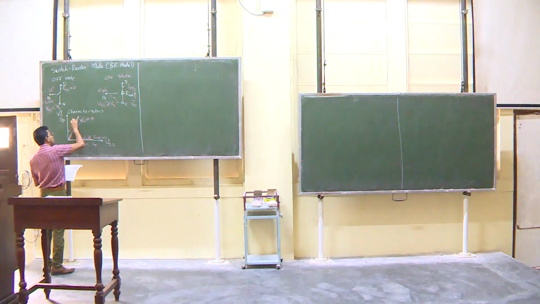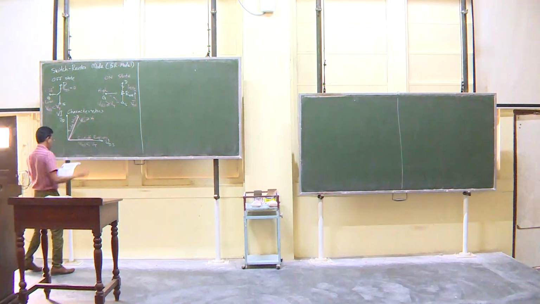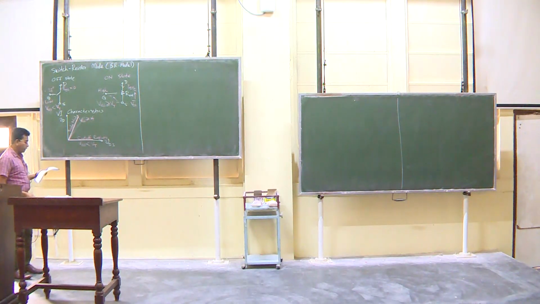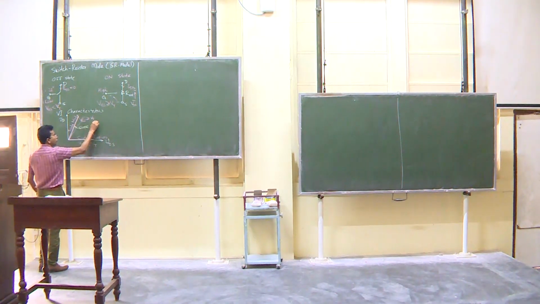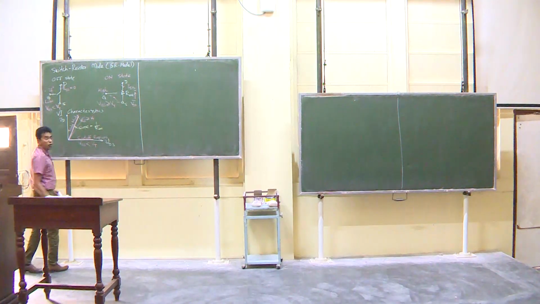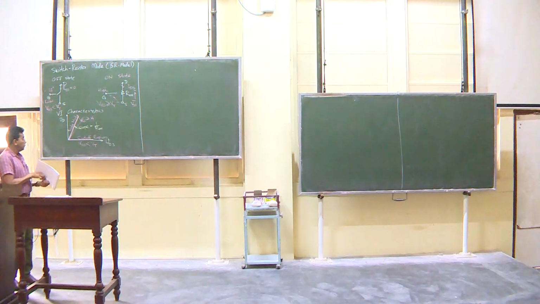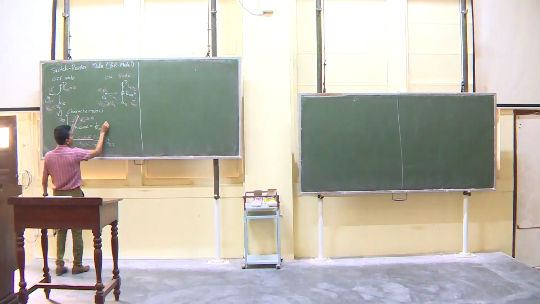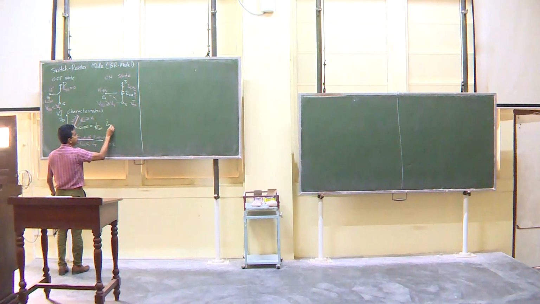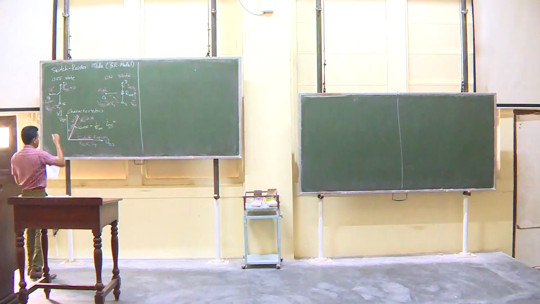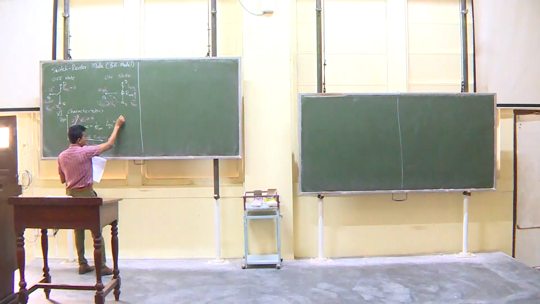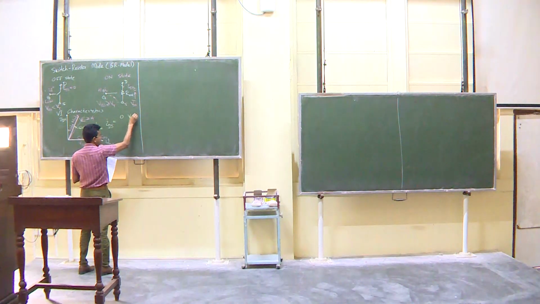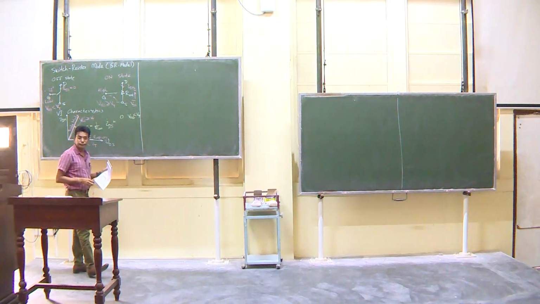Triode mode, or triode region, and the slope of this is one over R on. And we can write the equations of ID or IDS, the drain to source current: 0 when VGS is less than VT, as a cutoff.